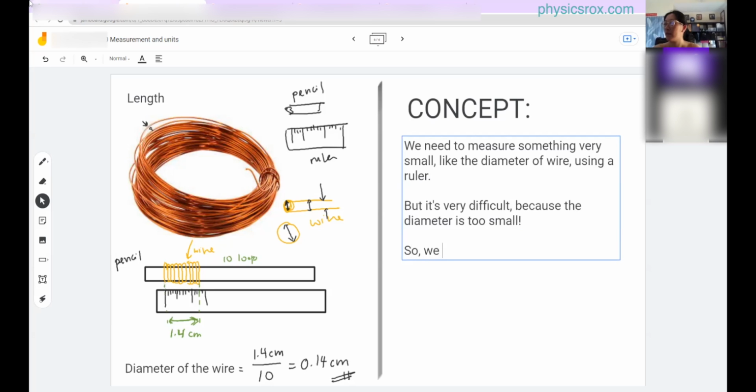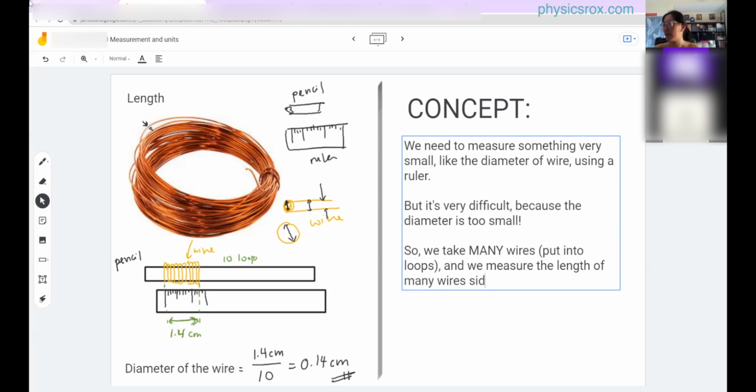So we take many wires, put into loops, and we measure the length of many wires side by side.